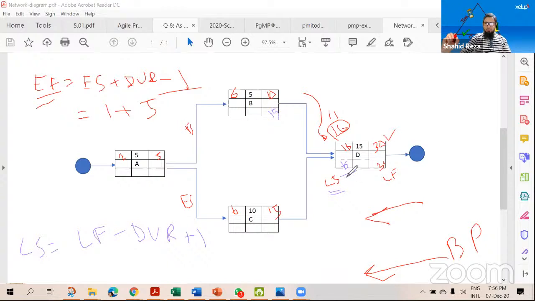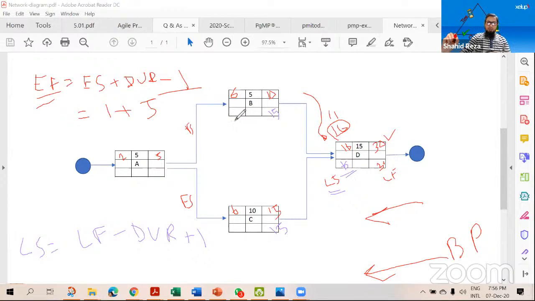And for this task also, the late finish will be 15. In the forward pass we take the next date, but when we are coming in the backward pass, we take the earlier date. So 16 means it will be 15.